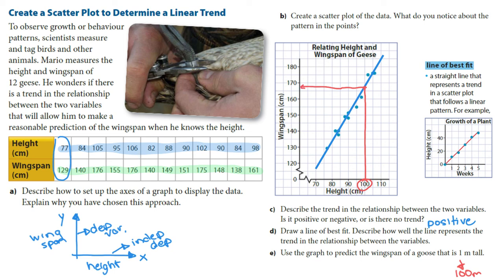And it's right between 165 and 170, so I'm going to say the wingspan is maybe about 167 centimeters. Okay? And that's how we can use a scatter plot to determine a linear trend and make decisions and assumptions based on that scatter plot.